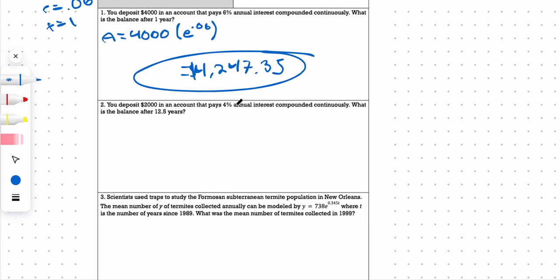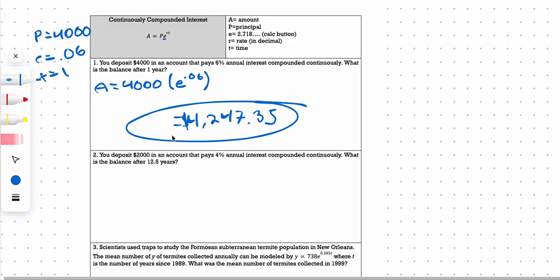Okay. Let's use this again, the same equation. When you deposit $2,000 in an account that pays 4% annual interest compounded continuously, what is the balance after 12.5 years? So A is going to be our balance. What do we start at? What's our initial value?